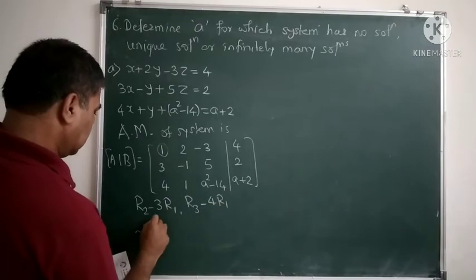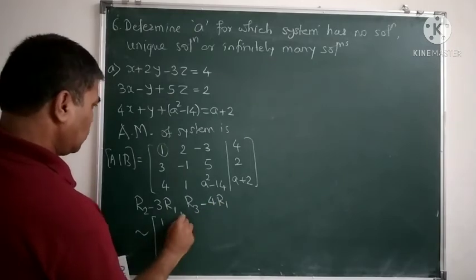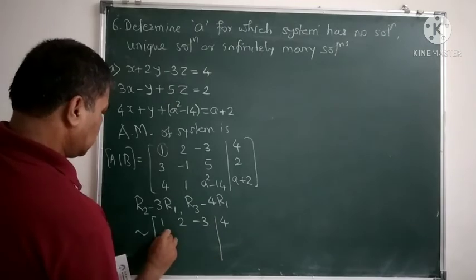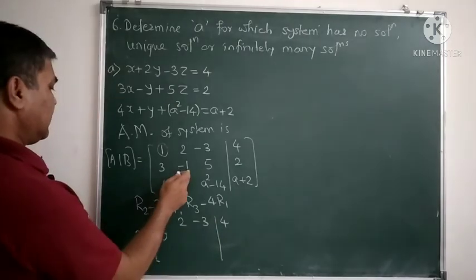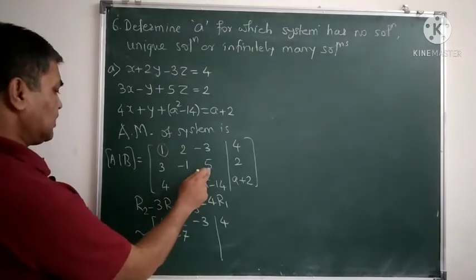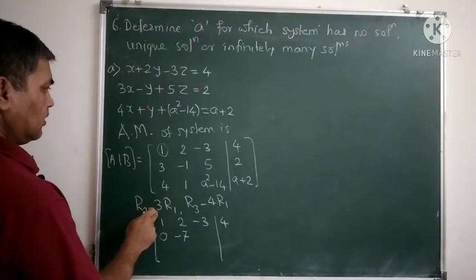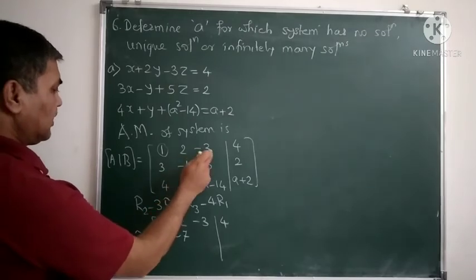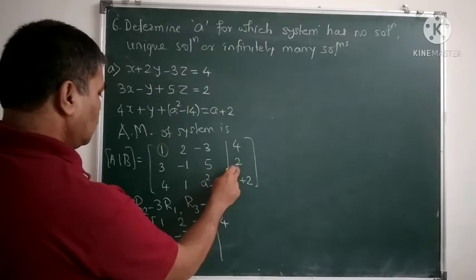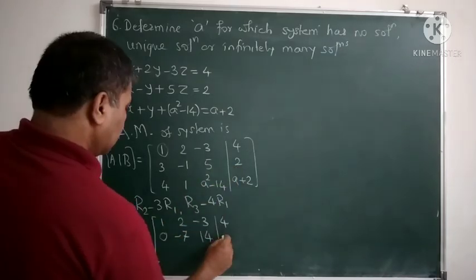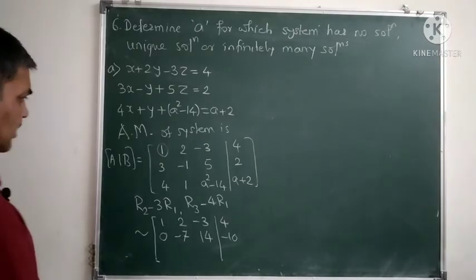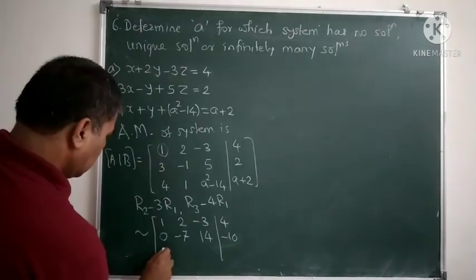This gives us 1, 2, minus 3, 4 as it is. Then 3 minus 3, 0. Minus 1 minus 6, that is minus 7, then 5 plus 3 into 3 is 9, 5 plus 9 is 14, and 2 minus 12, that is minus 10. Okay, the next one is 4 minus 4, 0.